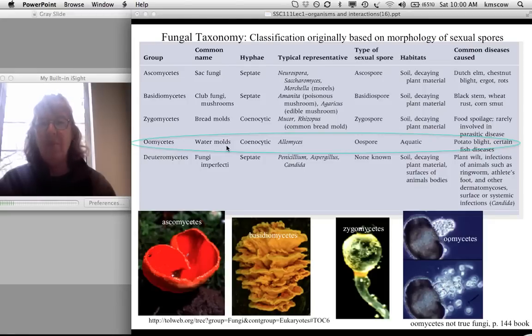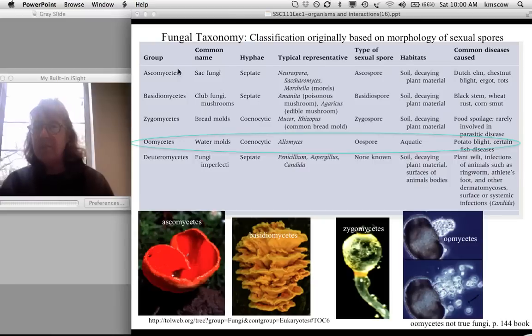And oomycetes, which tend to be more in aquatic systems. And we also have these deuteromycetes, which are the fungi imperfecti. This group used to be more important when we didn't have sequencing information to be able to categorize them into these other groups. But they still exist. It's kind of like where we put organisms that we haven't seen their sexual spores.